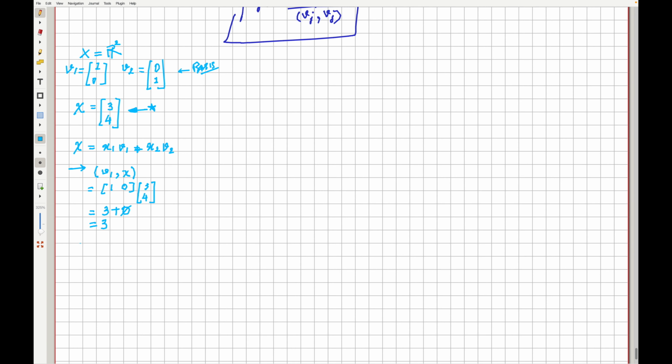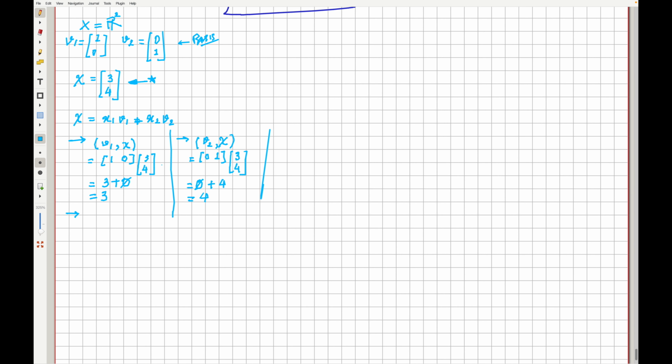Next we compute the dot product of v2 with the vector x. v2 is (0, 1), and x is the same (3, 4). So we have 0 times 3 is 0, plus 1 times 4 is 4, and so we get a value of 4.